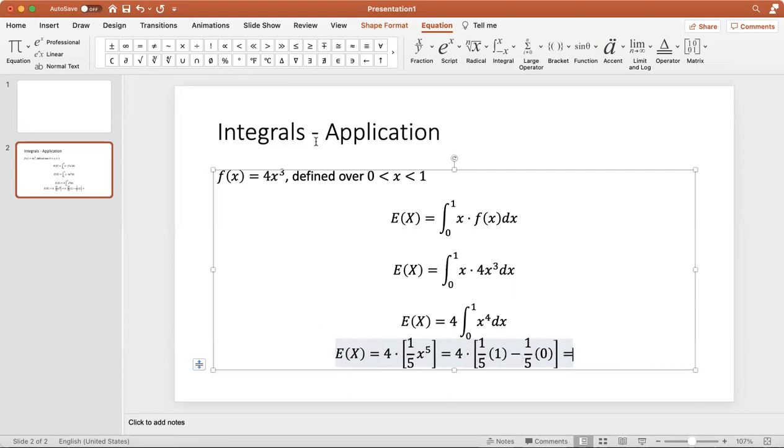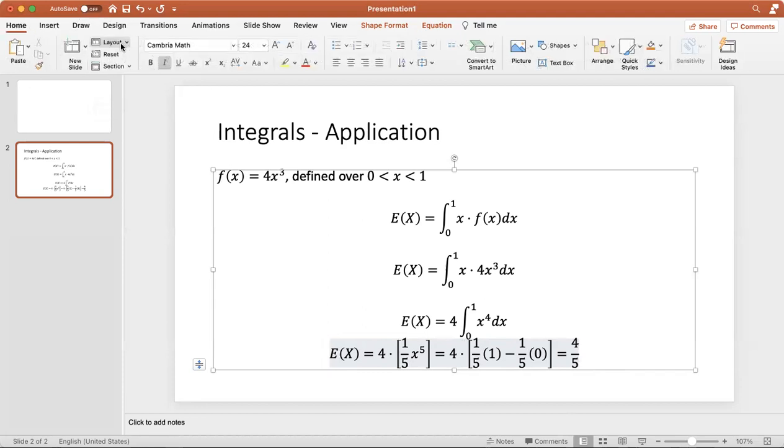Therefore, the mean or the expected value of this random variable, given this density function, is 4/5. Now, we will save this result and use it later when we solve for the random variable's variance.